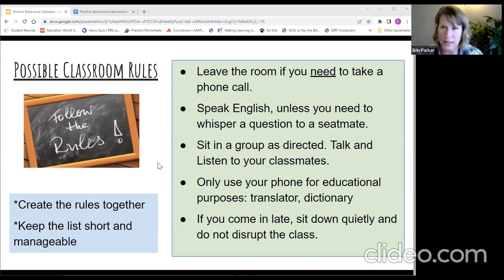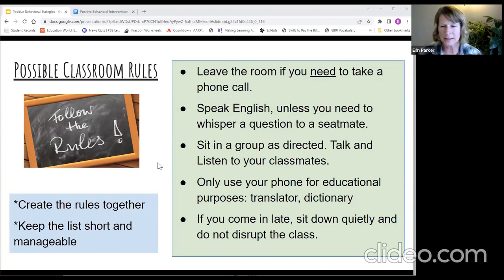It's important for learning, and we know that. So being willing to do that and be open to that, and only using phones for educational purposes. That's the way phones have changed, we're using them a lot for dictionary, translators, and so just doing that in the classroom and not for social reasons.